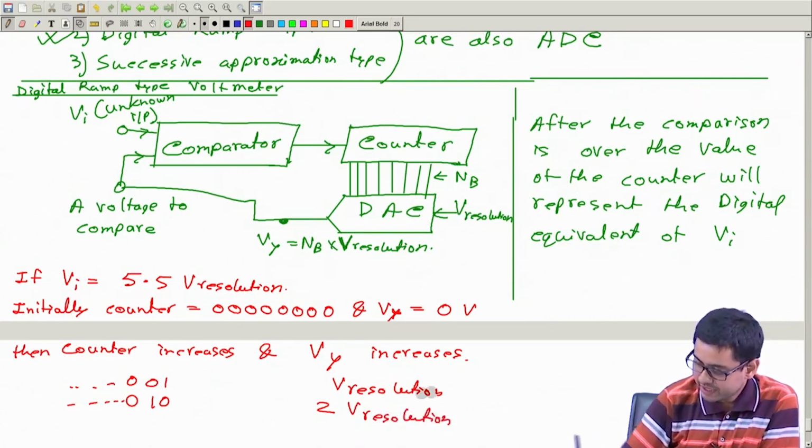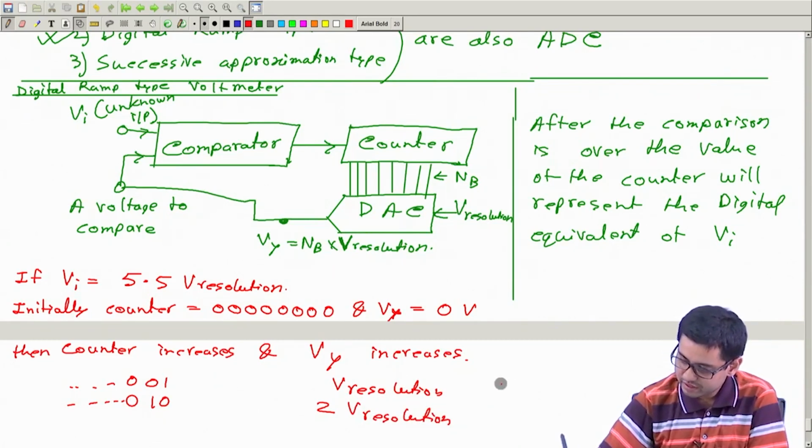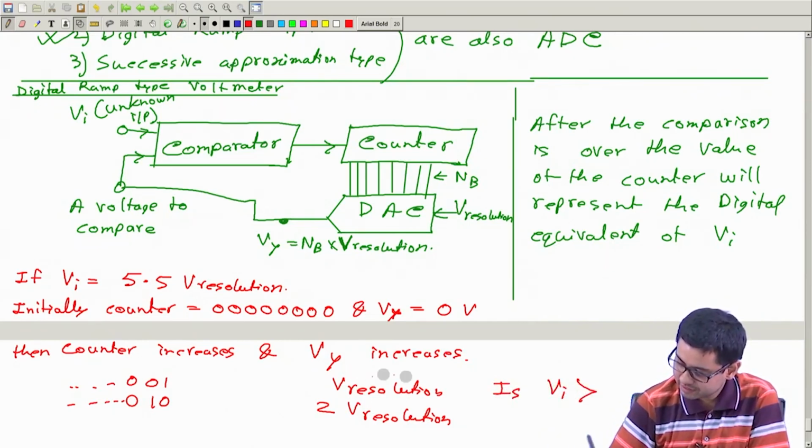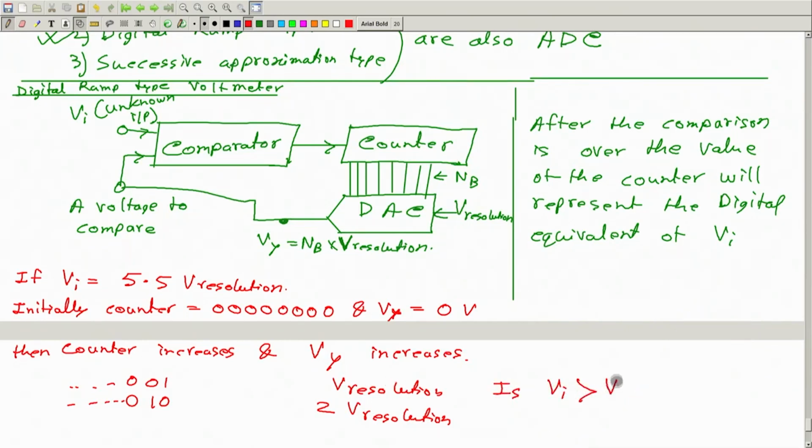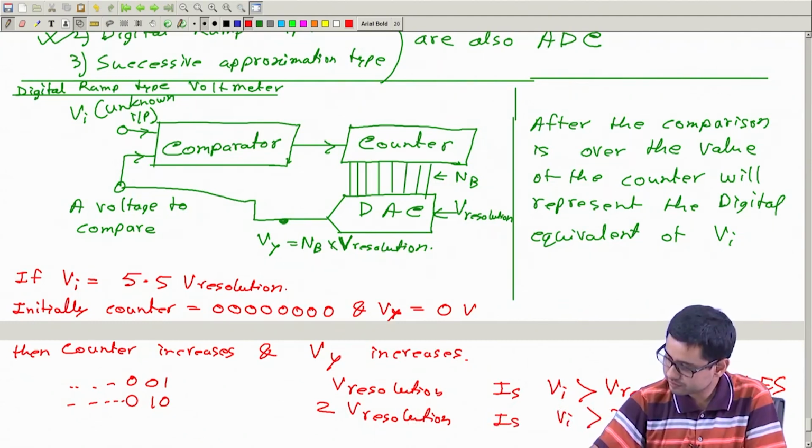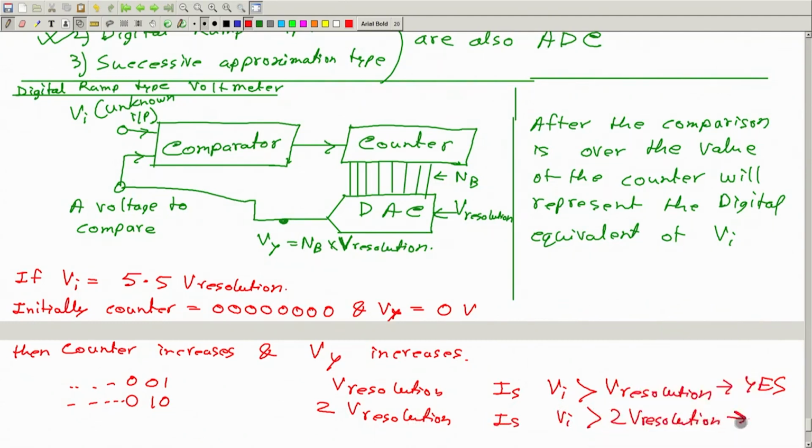And each time we are asking the question, is Vi greater than V resolution? For the value of 5.5, the answer is yes. Here also we ask, is Vi greater than 2 V resolution? The answer is yes.